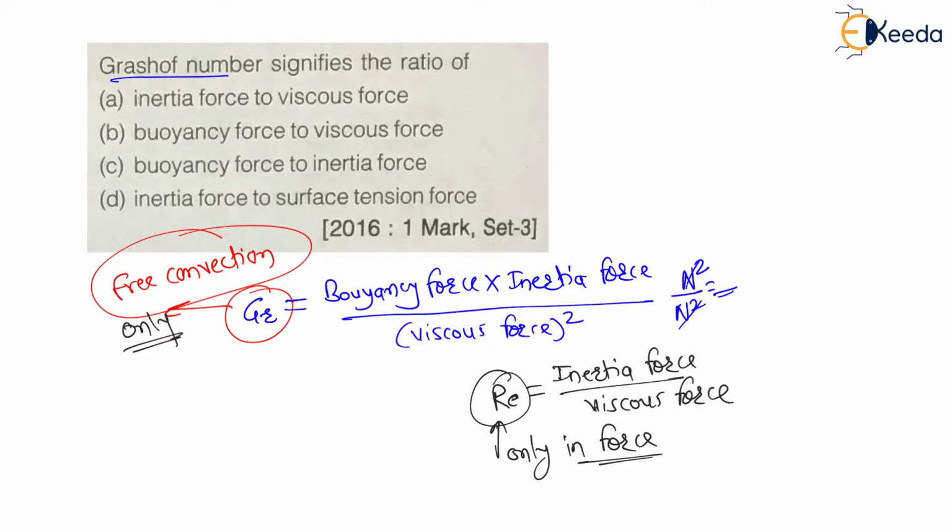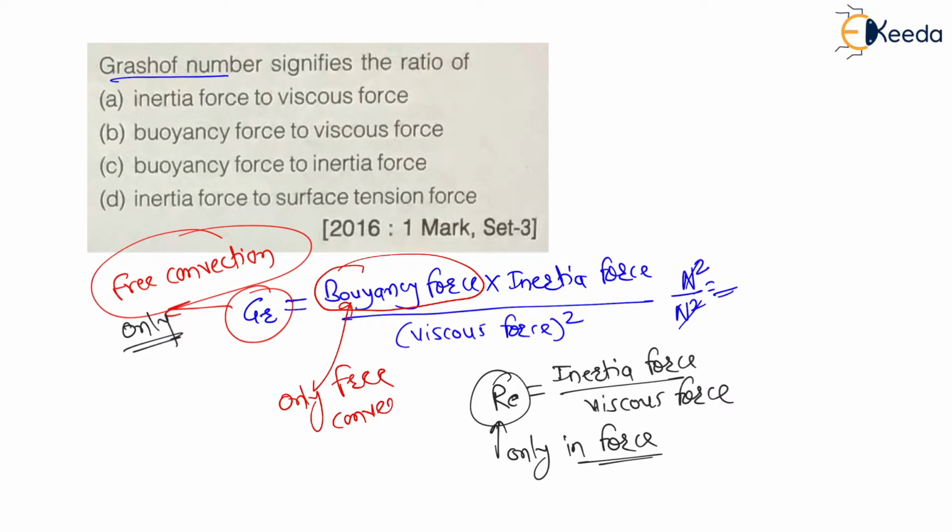Therefore, we can say that inertia force and viscous force can be used in forced convection as well as in free convection. From this relation, we can say the buoyancy force is only for free convection.